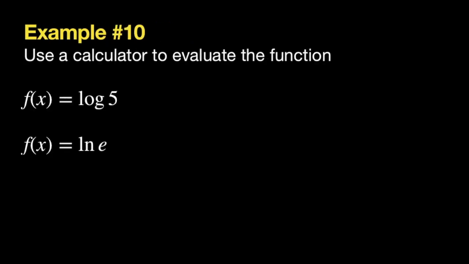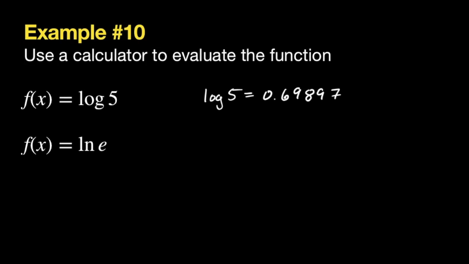We're going to use our calculator to evaluate the functions. So that means that we are just going to input in the calculator log 5. When we put log 5 and we press enter, we get that log 5 is equal to 0.6989, and there's multiple decimals after that.